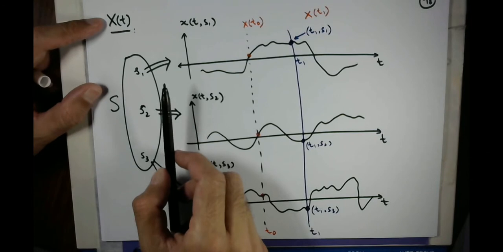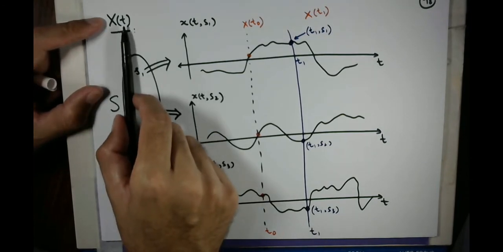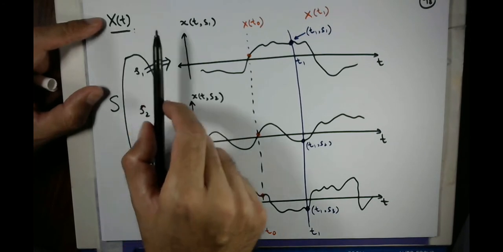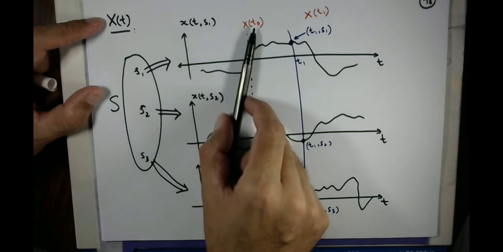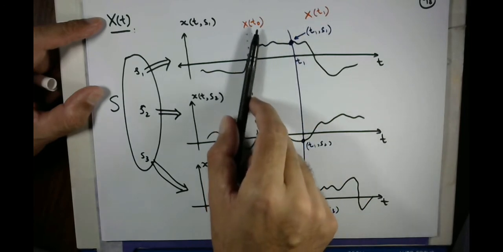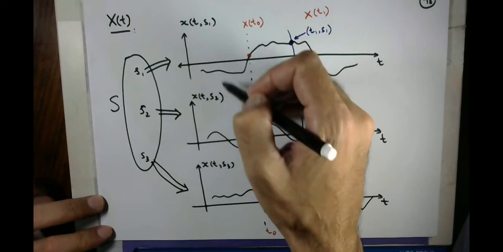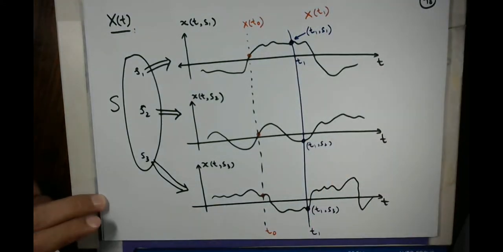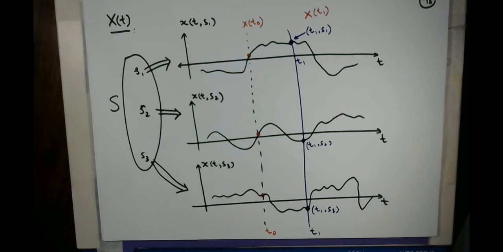Please note the conceptual difference and the notational difference. A process will always contain a generic time t, and a random variable will be indicated by fixing the time at a certain instant, say t naught, t1. So these are the two random variables. There can be many more random variables possible from this process x of t. You just need to fix the time t at an instant. So this was the basic concept.